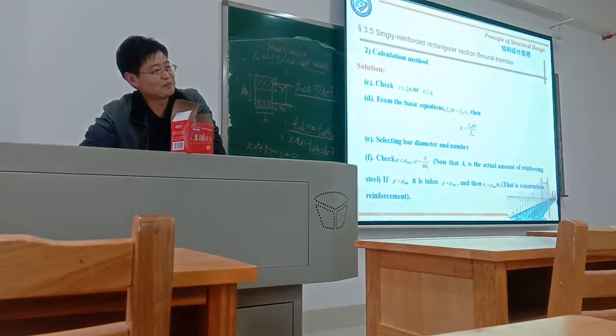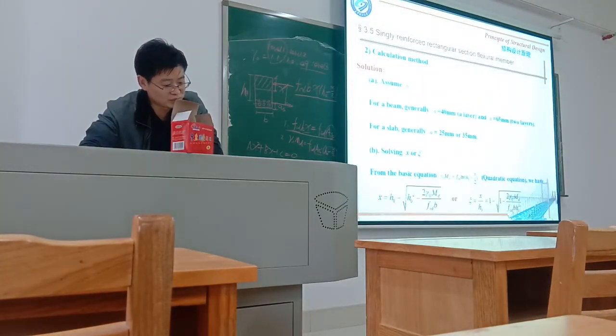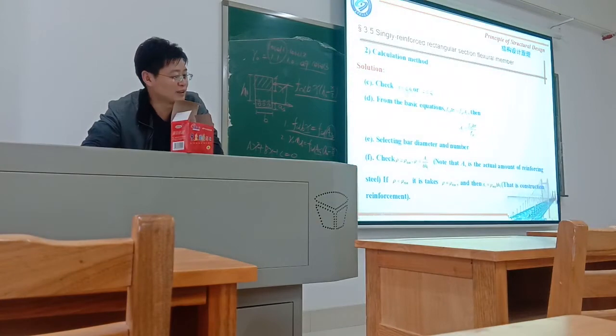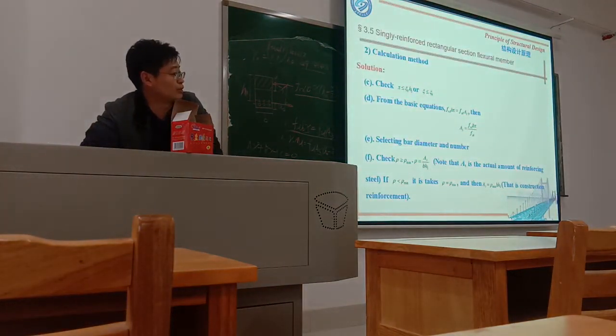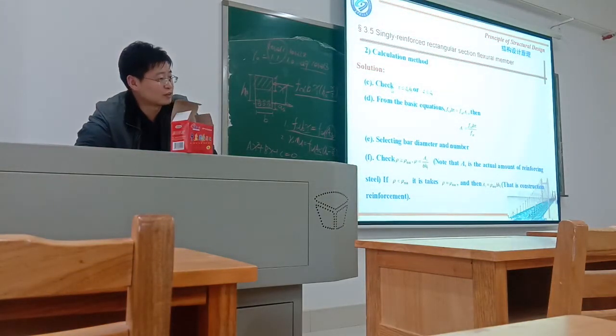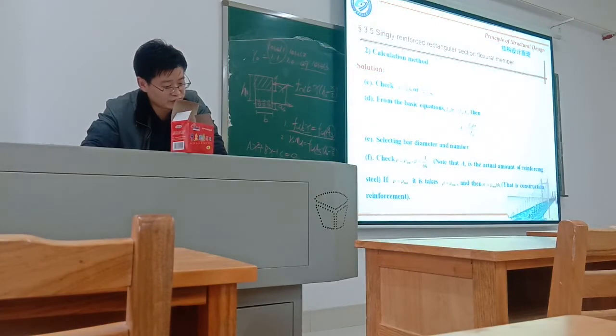Yeah, the boundary. So sometimes if you assume AS and you got X, if the X is larger than this KCB H0, that means your design is still over reinforcement. So if it's over reinforcement, then the following formula is different. So we check this X to see if it's smaller than this KCB H0.